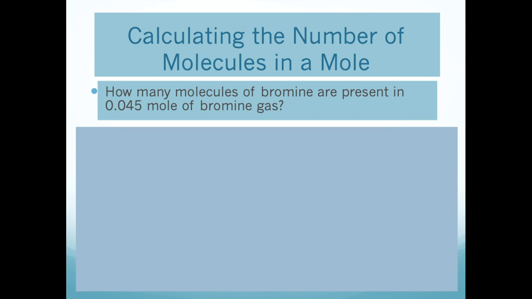So here, in this question, how many molecules of bromine are present in 0.045 moles of bromine? Okay, so here we're not using grams at all or mass in any way. We're going from number of particles, our molecules, and we're starting off with moles of that chemical. So we're starting off with moles of bromine and trying to get to molecules.